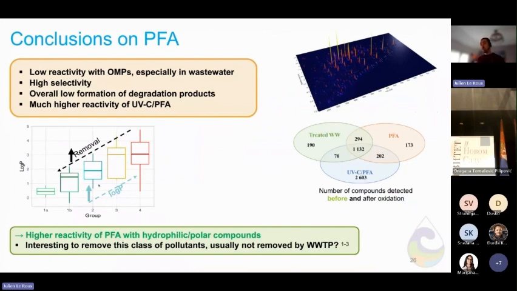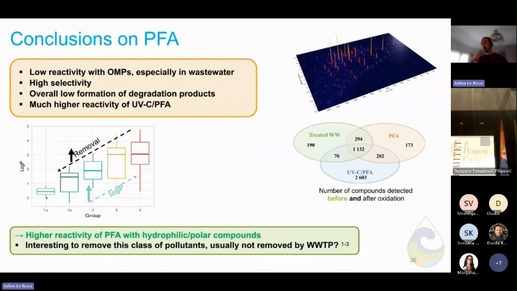An interesting thing that we found is when we grouped our molecules in groups of polarity, of hydrophilicity, you see in this graph that the molecules that are the most removed by performic acid are these groups in green here that have the lowest hydrophobicity or the highest polarity.